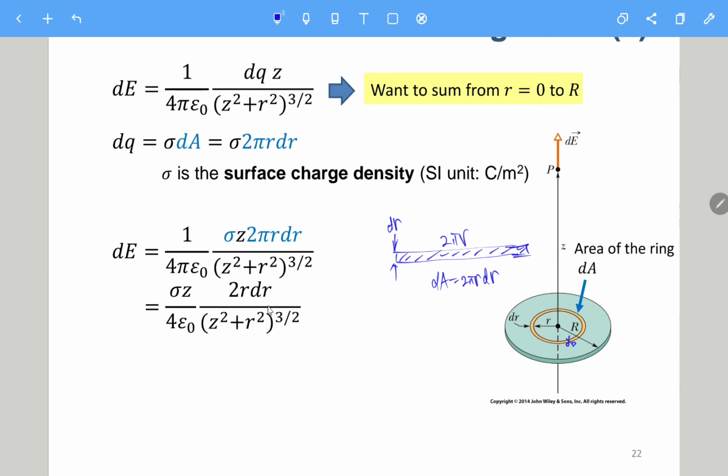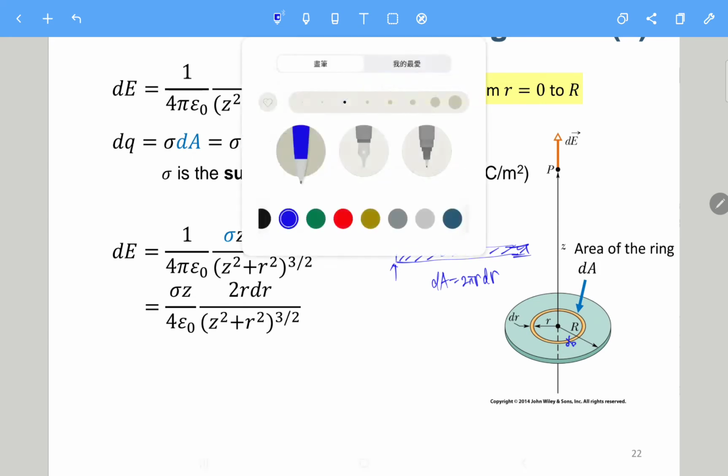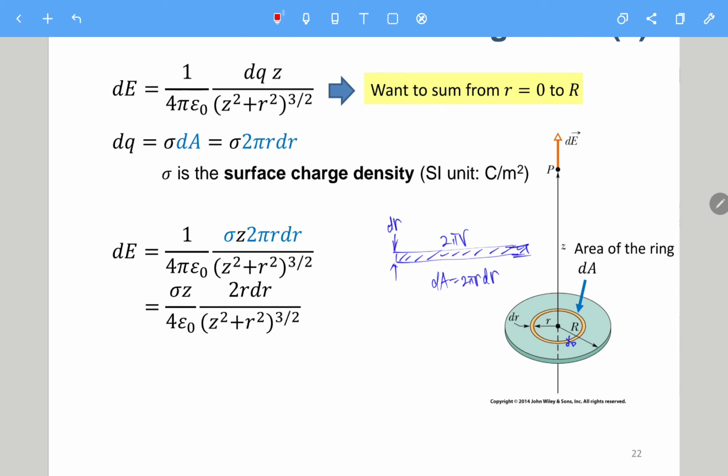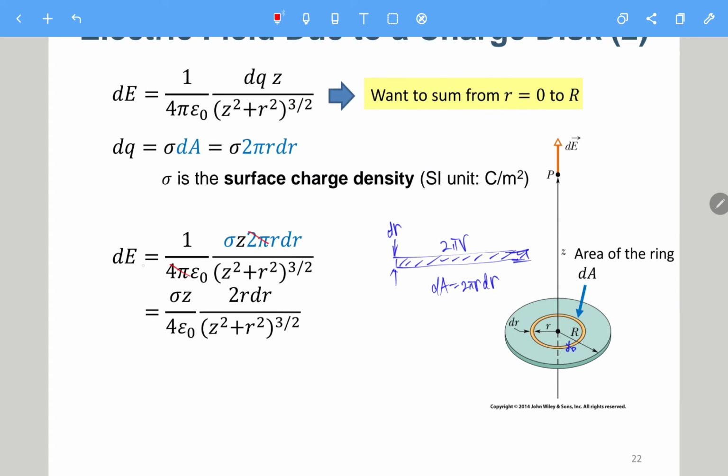Okay, so we try to slightly rearrange the terms, and actually we can do some cancellation. We have 2 pi here, partly cancel with 4 pi, so we have 2 here. I actually still keep this 2; I only cancel pi here.